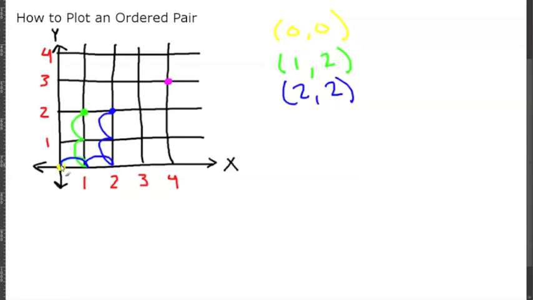So starting at the origin, we have to go over 1, 2, 3, 4. So that's going to be 4 as our x coordinate, and we need to go up 1, 2, 3. So that's going to be 3 for our y coordinate. So the yellow is at 0, 0, green is at 1, 2, blue is at 2, 2, and purple is at 4, 3.